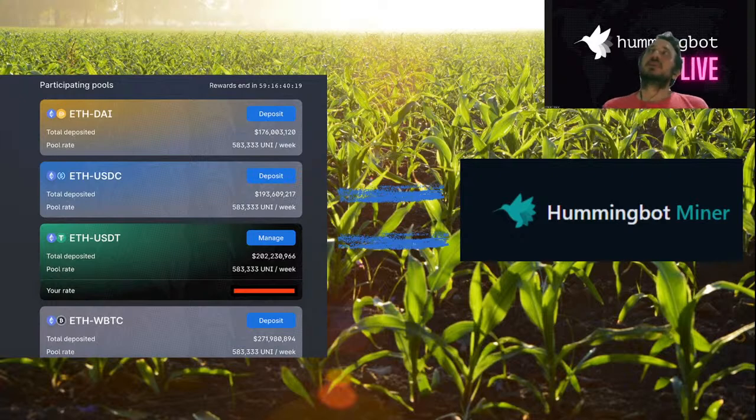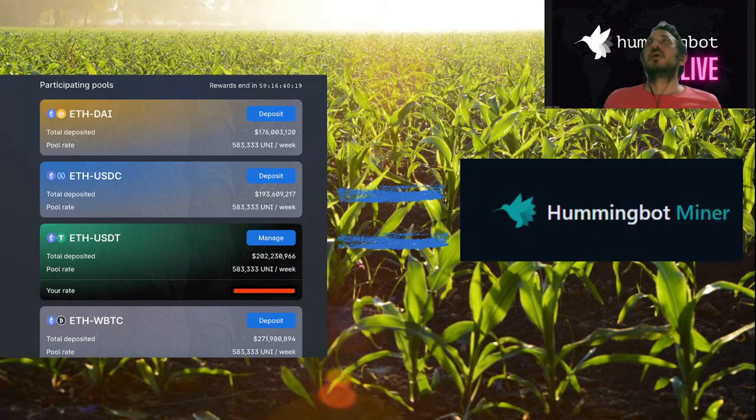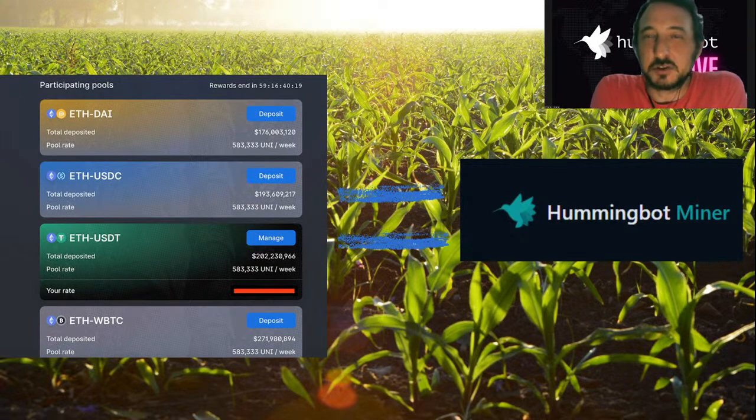So as the company Hummingbot started, one of the main programs we started alongside the Hummingbot client was the Hummingbot miner. That basically is the whole idea of the liquidity mining that you see on the automated market makers. That is what made us create the Hummingbot miner, right? Because just think about it.